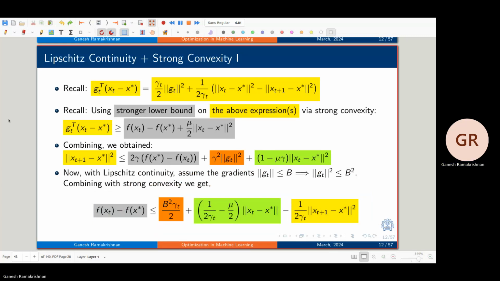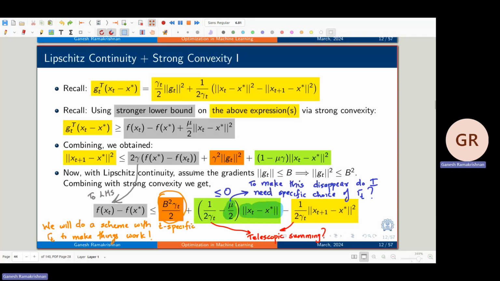Yes, somebody said telescopic summing. Okay. Also, one small note here. As you said, telescopic summing is a natural question that comes to your mind, right? The only small difference here is our gamma is no longer independent of the index t. Suddenly, you see a t sticking out there.